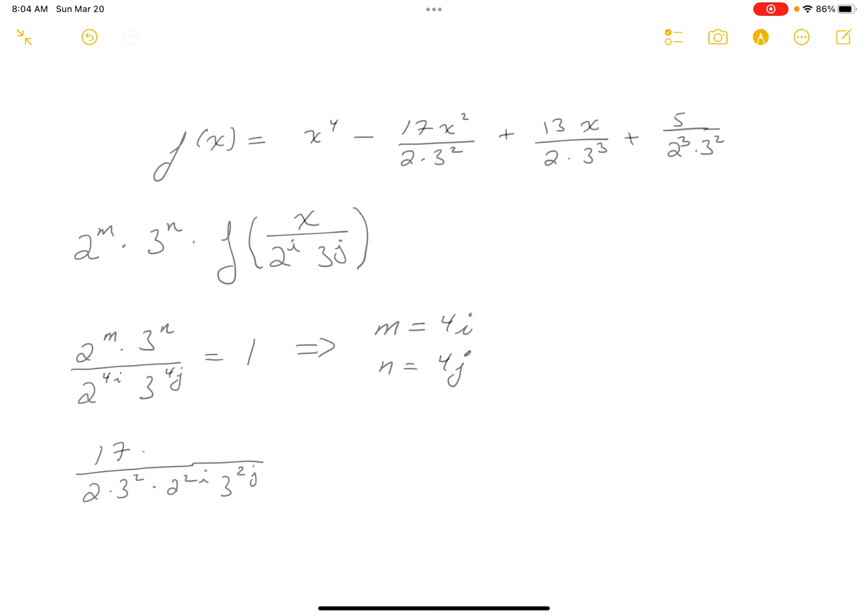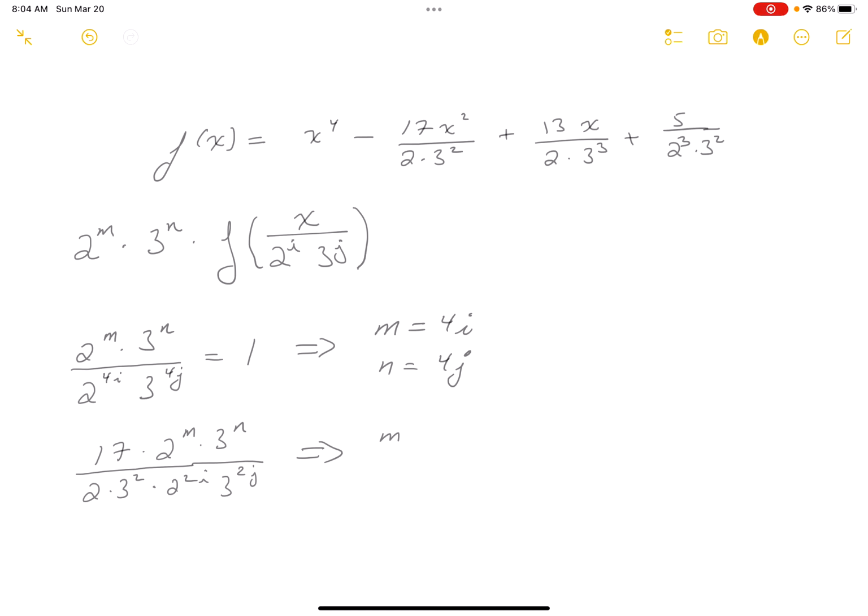What goes on top? 2 to the m times 3 to the n. All right, let me make sure I did that right. 17, 2 to the m, 3 to the n. The bottom would be 2, 3 squared. I'm squaring the 2i in bottom. Yeah, pretty good. So what does this tell me?